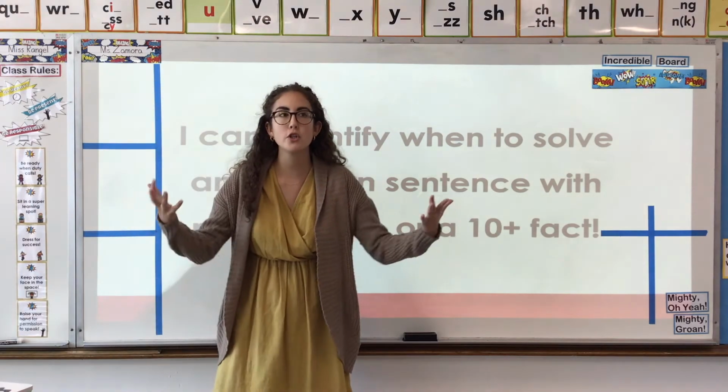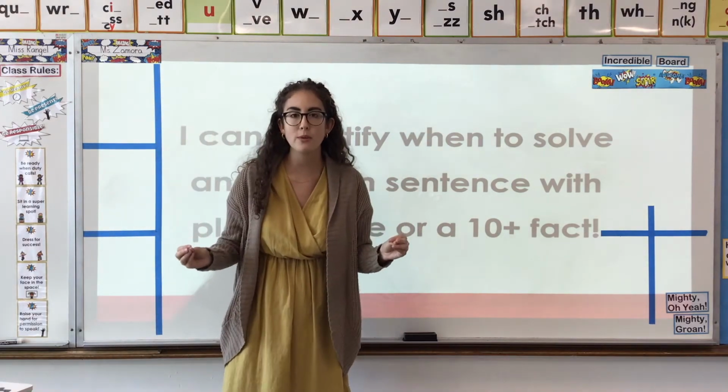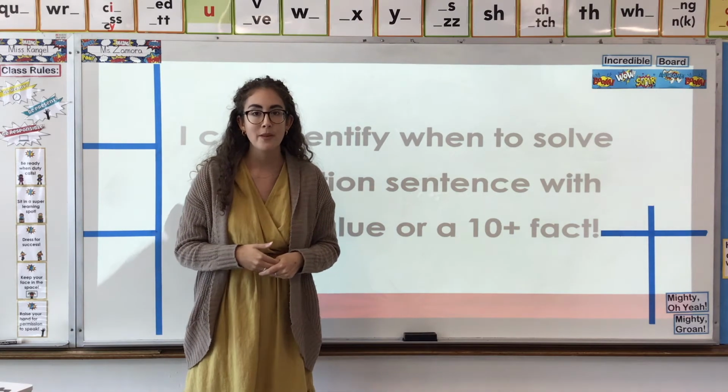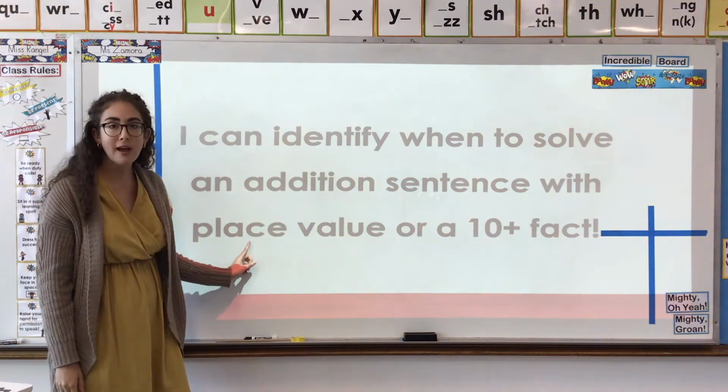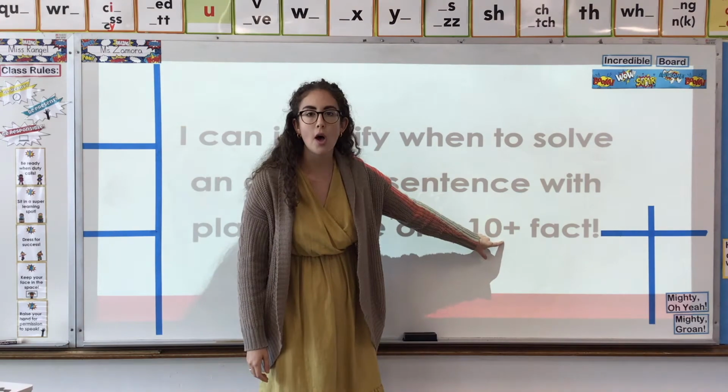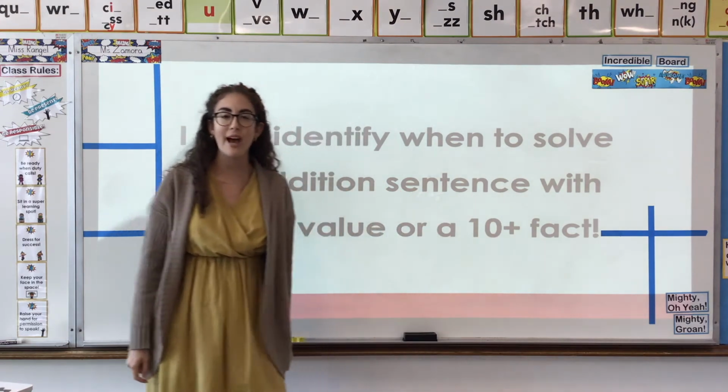So we have learned two awesome mental math strategies on how to solve addition facts. We've learned to solve with our place value, which we just practiced, and we've learned to solve by creating a 10 plus fact.